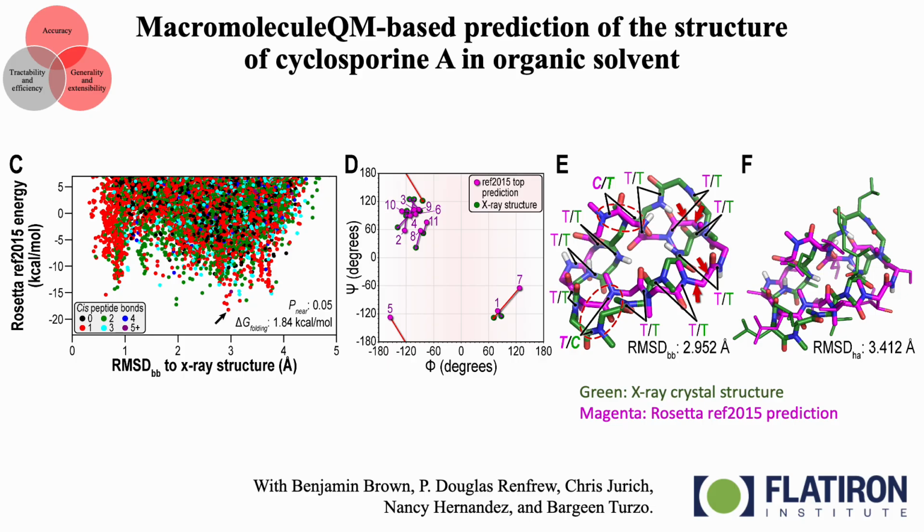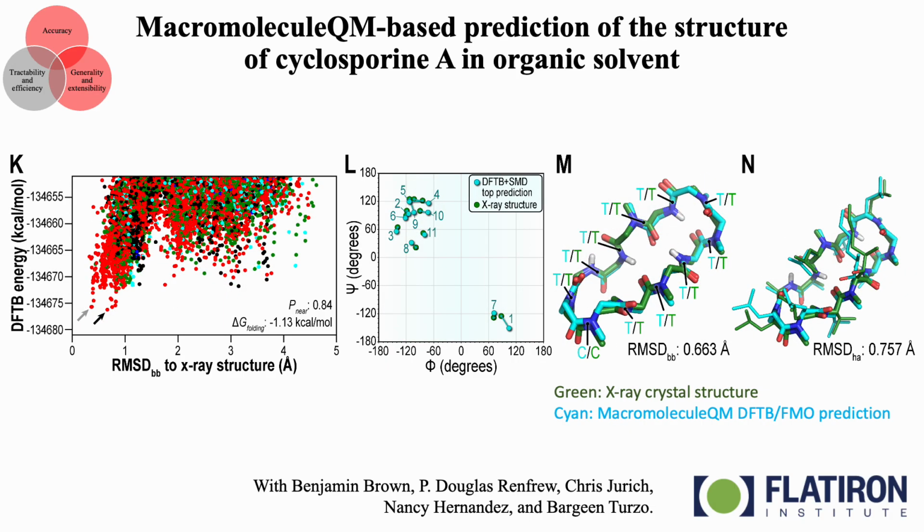But when we use a QM calculation, and here every point in the plot on left is computed using QM methods on a massively parallel supercomputer, now we get it totally right. In green is the X-ray crystal structure. In cyan is the prediction that comes out of Rosetta predictions using QM calculations.